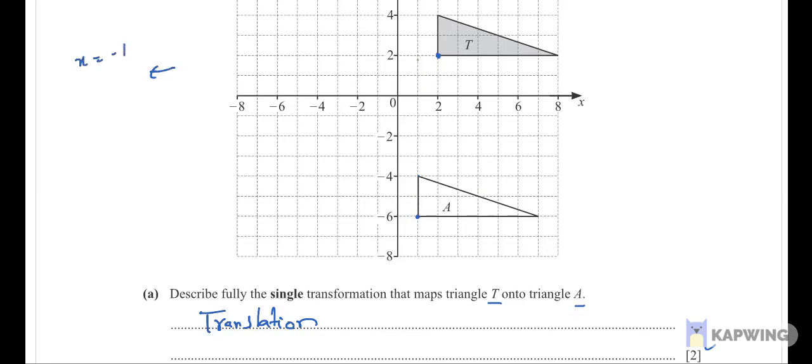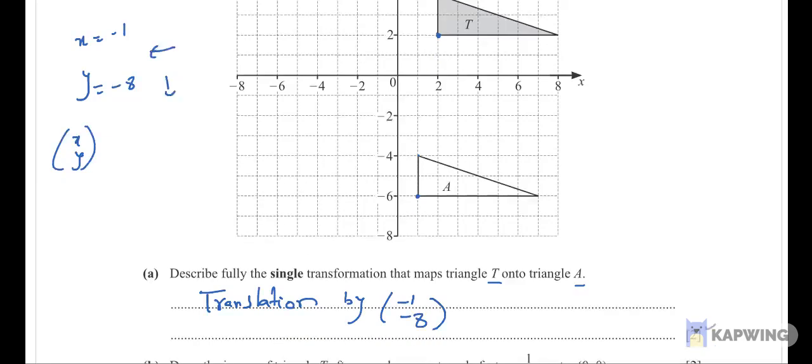Then coming down, how many steps? 1, 2, 3, 4, 5, 6, 7, 8. So it means y is downward, so it will be -8. So how do we write our vector of translation? It is always x, y. So the vector of translation will be (-1, -8). That is the vector of translation.